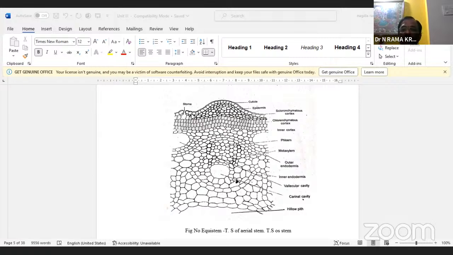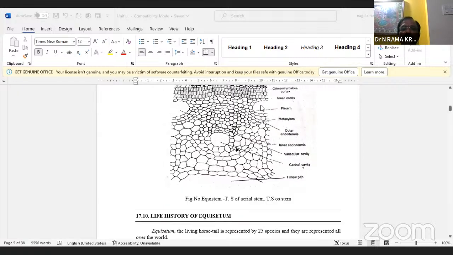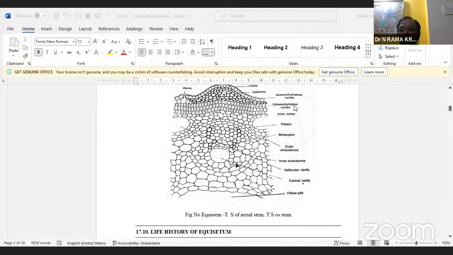Below this cortex, here we are looking at one special type of section, the chlorenchyma cortex. Here now you see this one, the chlorenchyma cortex. This chlorenchyma is elongated and compactly arranged, like the palisade tissues in higher plants.